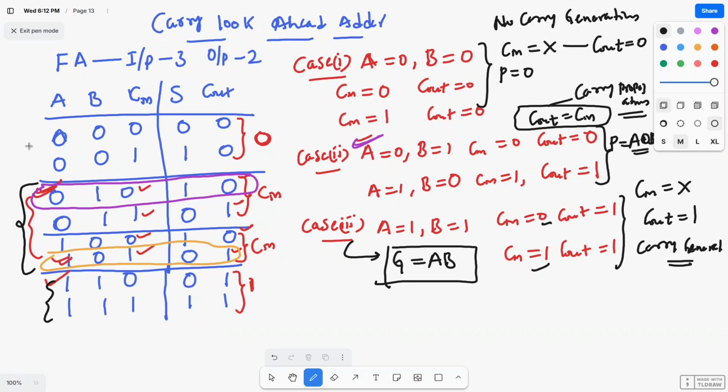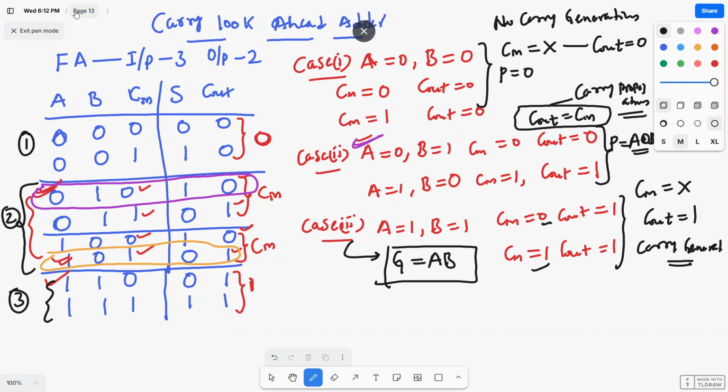If you consider this is the first row, and this is the second case, and this is nothing but the third case. Shall I move forward? Yes, sir.